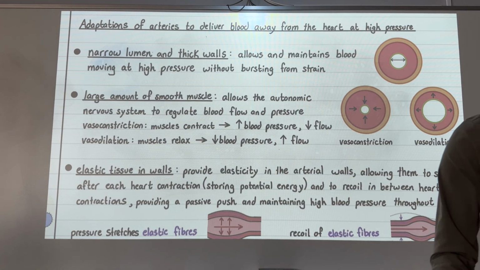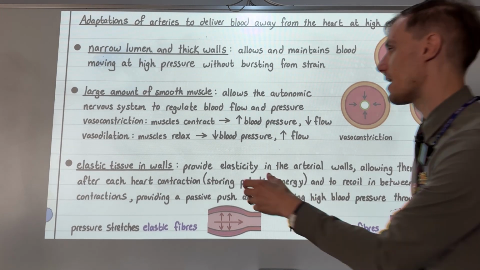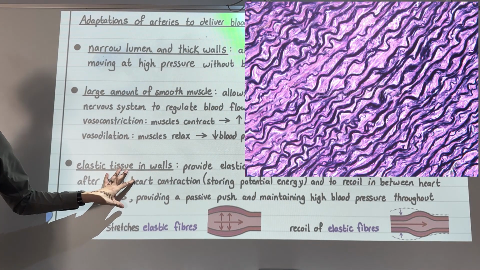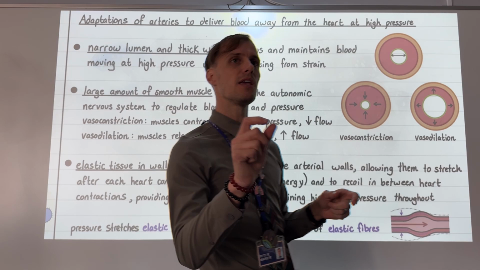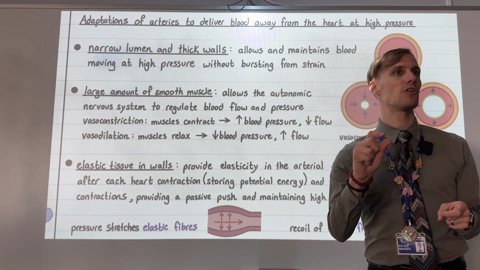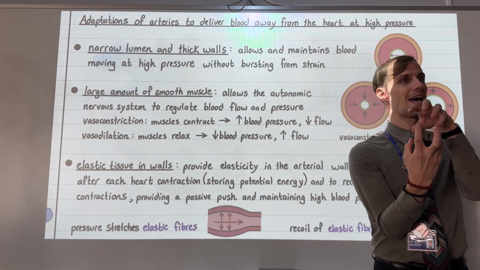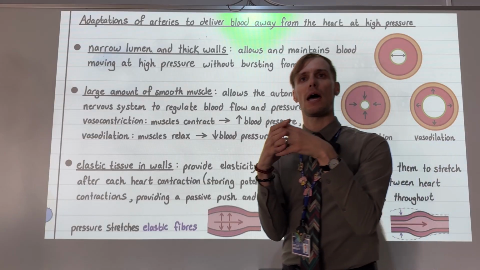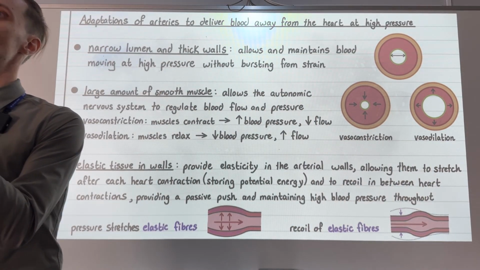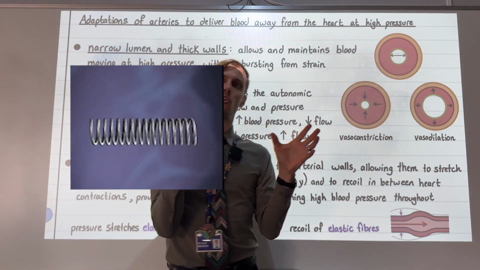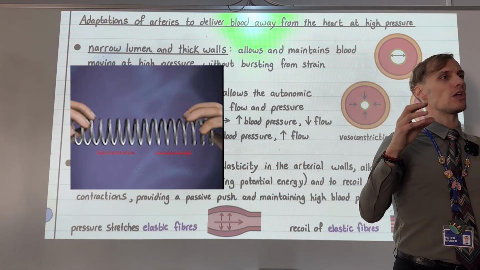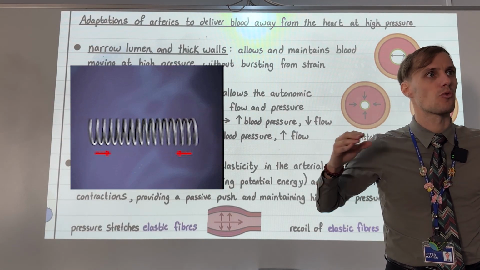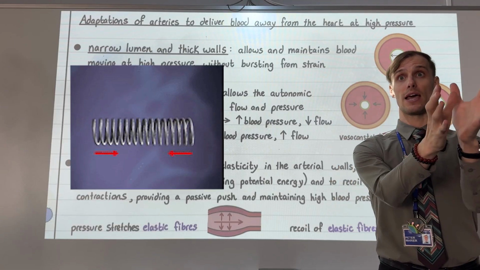And the last adaptation that arteries have is this elastic tissue in the walls. Now, why does that matter? Well, we've discussed this briefly. If you remember an adaptation from alveoli, they're surrounded by elastic fibers. We said that when you stretch an elastic, you're increasing elastic potential energy. Therefore, when that elastic recoils, it's releasing that energy, right?